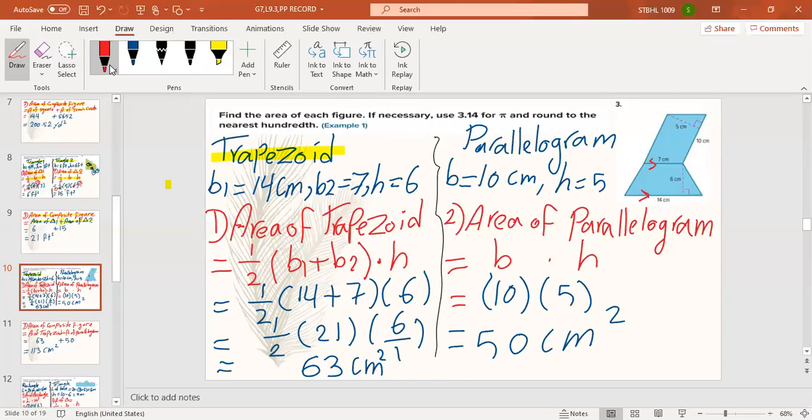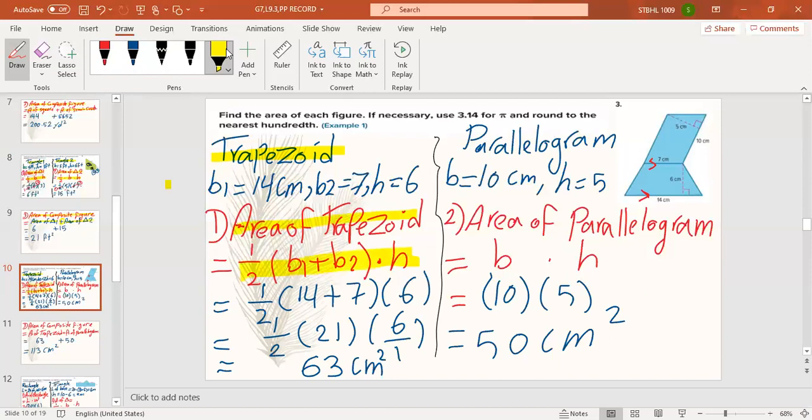Base 1 is 14 centimeter and base 2 is 7 centimeter, and the height for this trapezoid is 6 centimeter. Directly write the area of a trapezoid. Memorizing the formulas is so important while learning geometry.